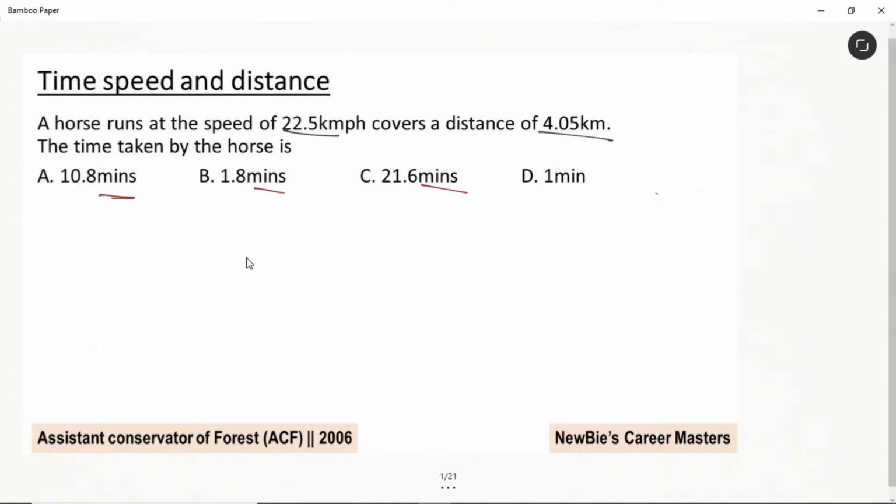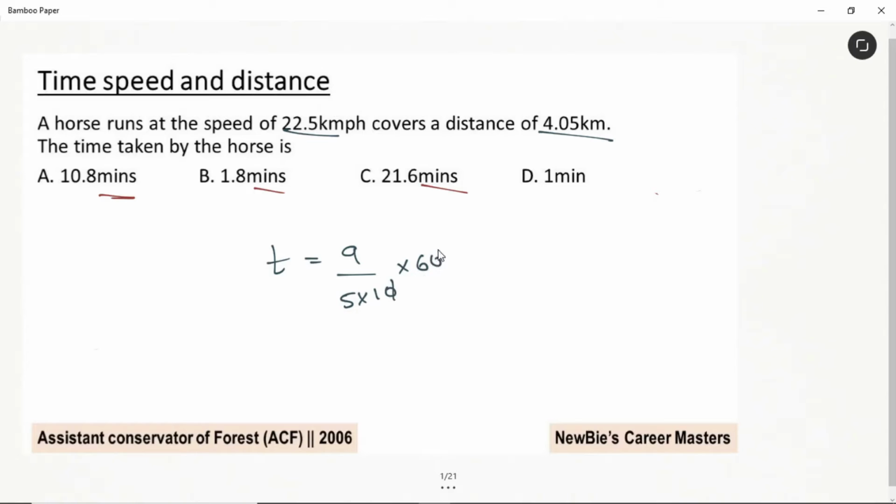Okay newbies, observe here. Whatever the answer we got, we can get that in an easier way. See, while solving, this was our final step. Correct. After this, we converted this to decimal. Then we multiplied 60 to the decimal value to convert hours to minutes. Going that way, you can directly multiply 60 here. Am I clear?